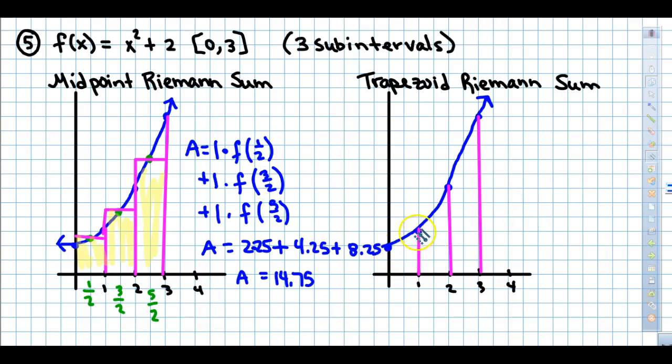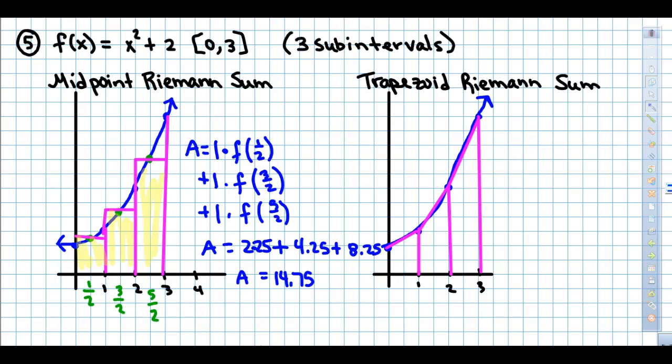Well, a trapezoid has parallel bases, so I'm closing it up like this. Y'all see with each Riemann sum, we're getting closer and closer to the most accurate area. I'm going to erase this because I need some room. See, this gave us a little bit more of an accurate description of the area. This is getting us even closer.